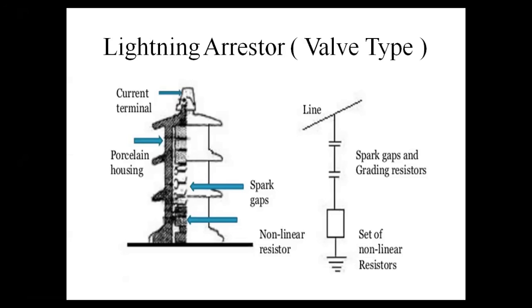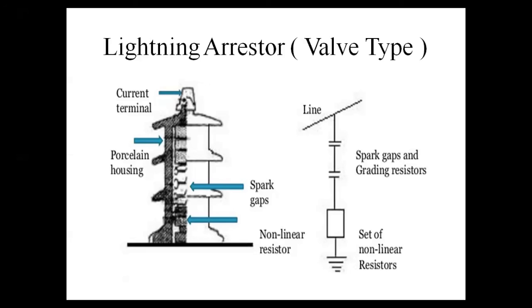The arc cannot be formed with a normal voltage, and we have a set of non-linear resistors which offer very high resistance to normal voltage. But on the occurrence of an overvoltage, breakdown of the series spark gap takes place and the surge current is conducted to the earth via the non-linear resistor.